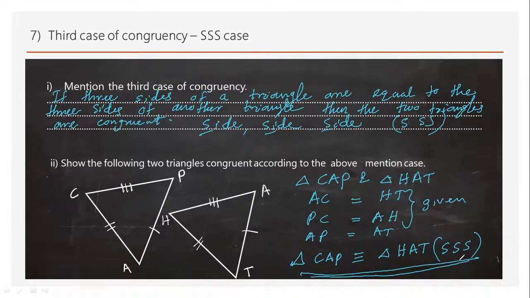Then what are the corresponding elements of these congruent triangles? So we'll see AC. We can say here AC, and AP and AT corresponding elements. And what else?